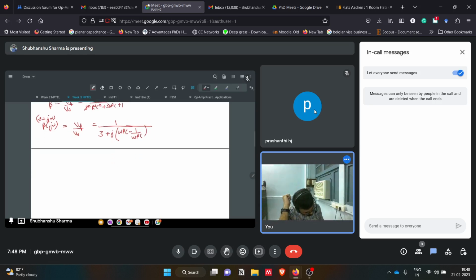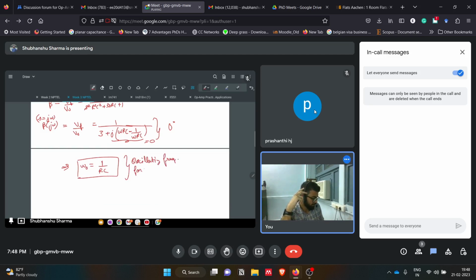Again, to make the phase 0 degrees, we need this imaginary part to be 0. That makes omega naught, the oscillating frequency for this oscillator, equal to 1 by RC. Fine.